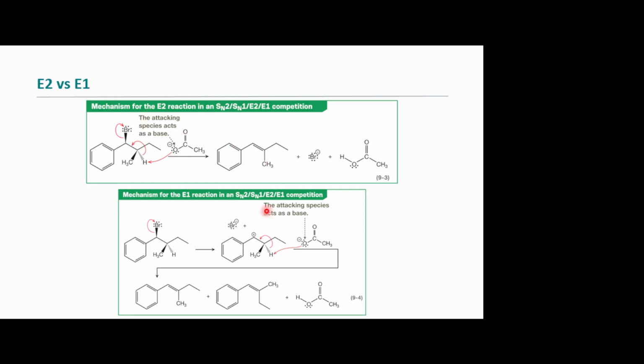Okay. Now, over here where we have the E1, well, our leaving group leaves first. And so our leaving group has to be a really, really good leaving group, right? It has to leave well. Okay? And then our next step is going to be the base taking the hydrogen off. But notice that because this has a positive charge, this is a lot better of an acid.